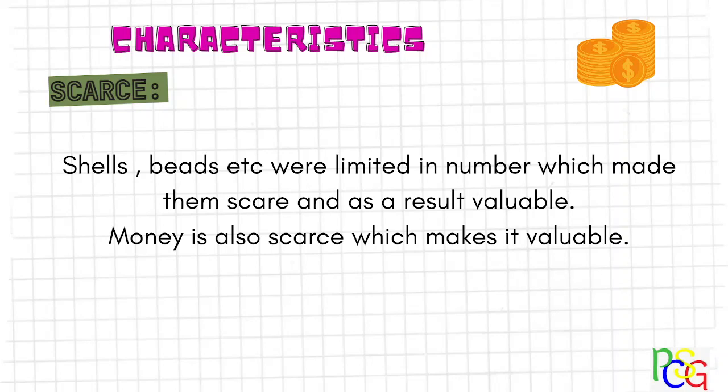And we know that anything that is scarce is very valuable. Let's say there were only 5 Lamborghinis in the whole world, or 5 Louis Vuitton bags. If anything is limited in number, it is valuable.